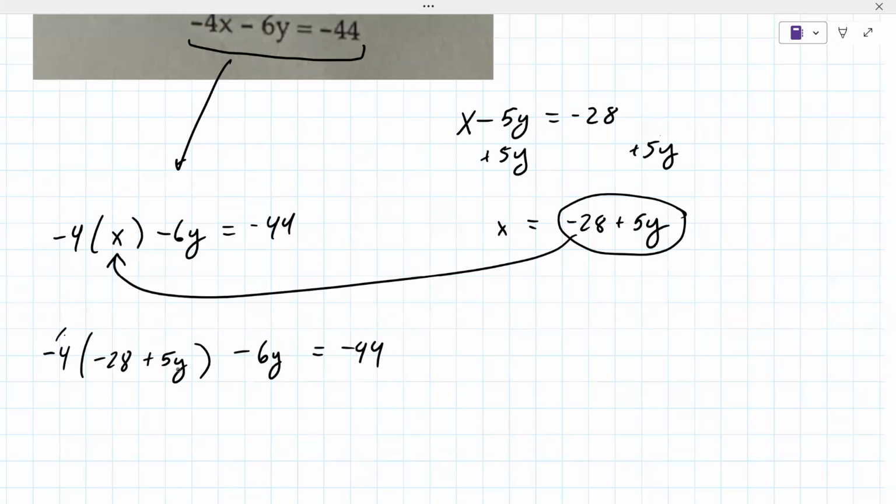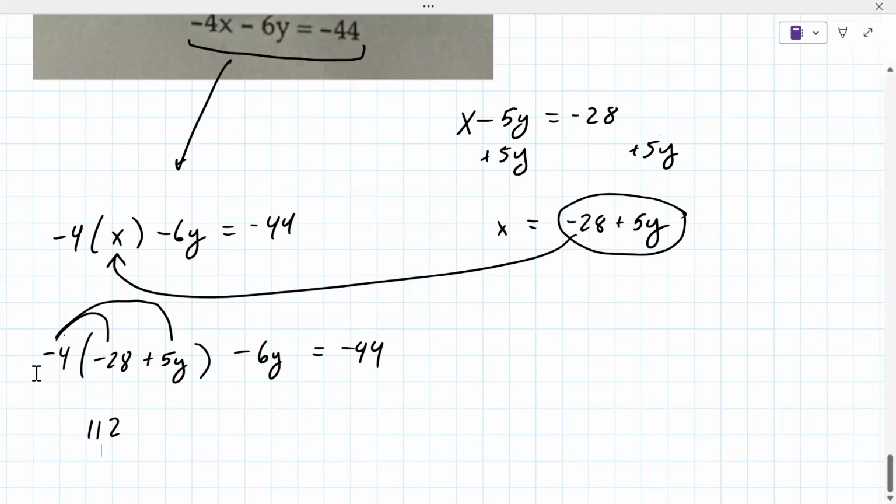So now you have to distribute that -4 to the -28 and the +5y. What does that become? What is -4 times -28 and -4 times the 5y? So it would be 112 plus 20y.